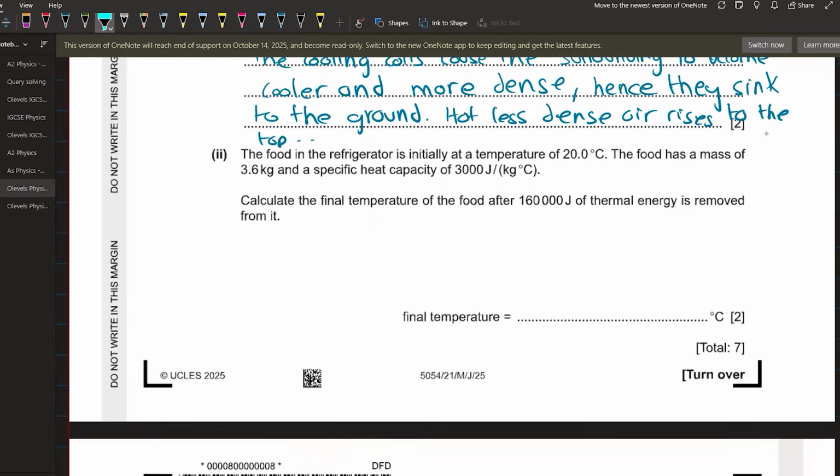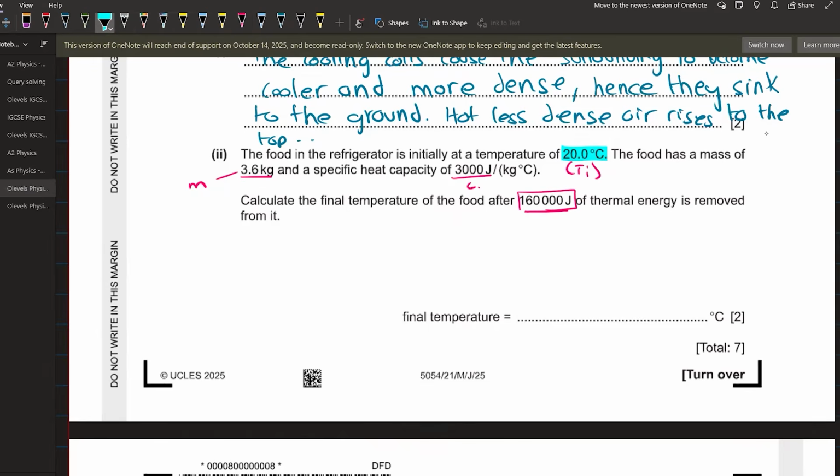The food in the refrigerator is initially at a temperature of 20 degrees centigrade. अच्छा जी, initial temperature of food क्या है? 20 degrees centigrade. The food has a mass of this. Okay, this is the mass of food. The specific heat capacity of food is this. What is the final temperature of the food after 160,000 joules of thermal energy is removed from it? Now, this is very, very important. You have the initial temperature, the specific heat capacity, the mass, the heat.